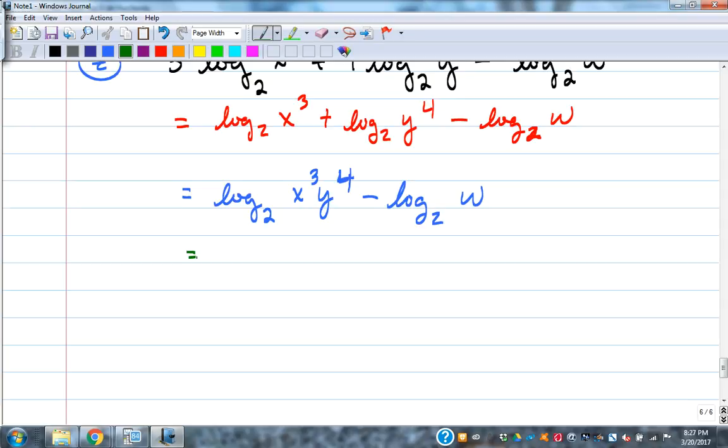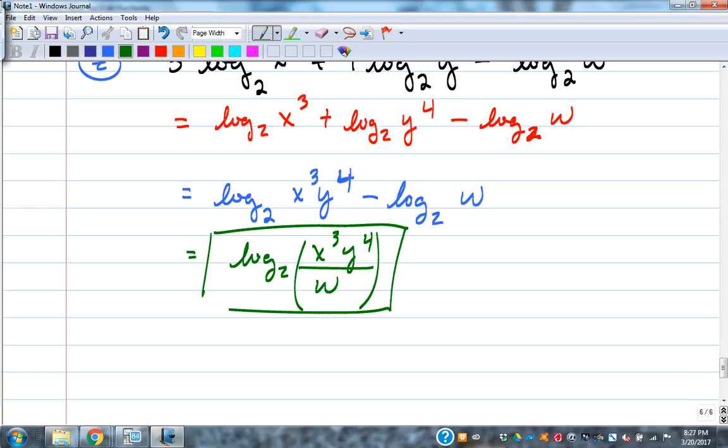Now what happens? All that over w. That's right. And there we've condensed it to one log. That's one step at a time, and that's perfectly fine way to do it.